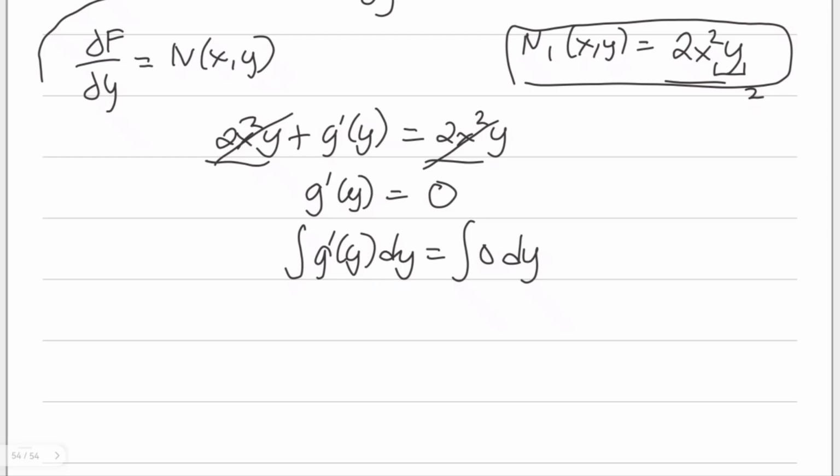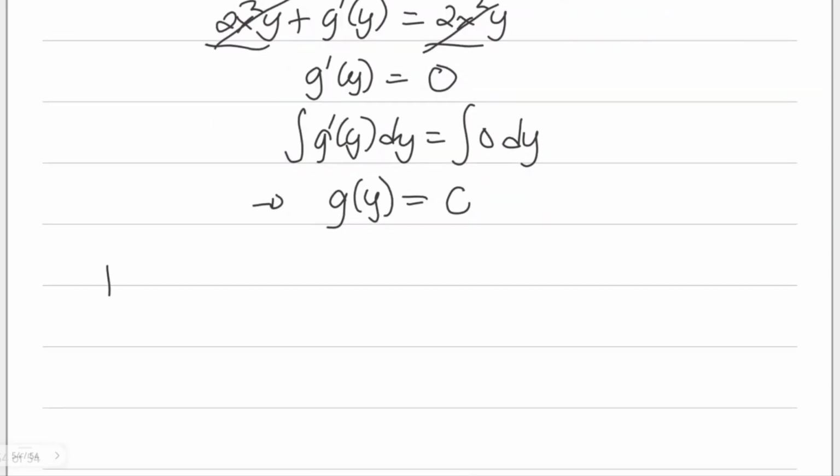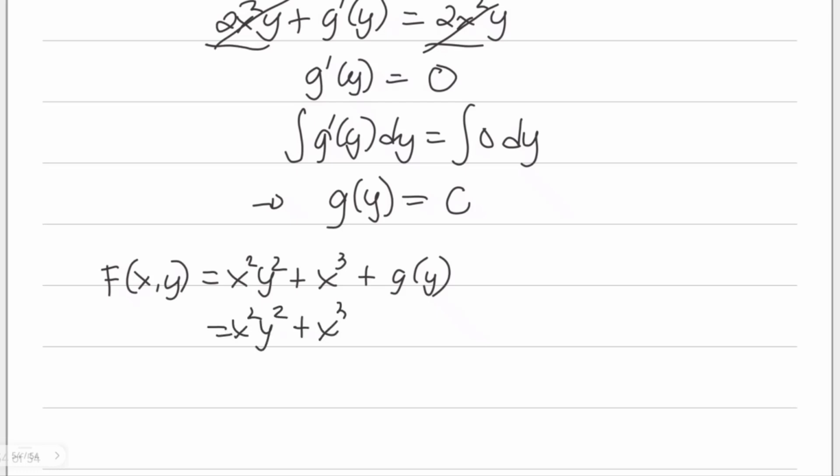G of y now will be equal to a certain constant because this is 0. So since it's a c or any constant c, that is now what we are going to add here. So you will have your final answer: x squared y squared plus x cubed plus your constant c. That's your resulting value now.